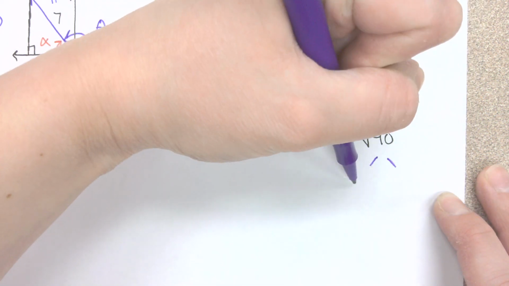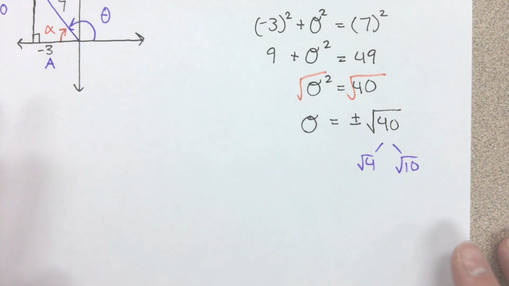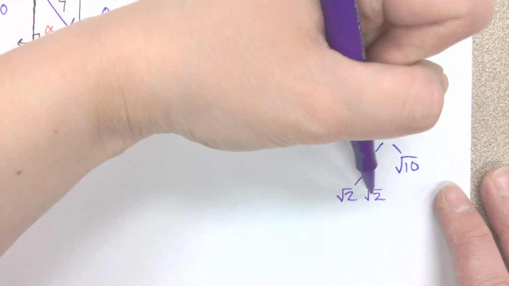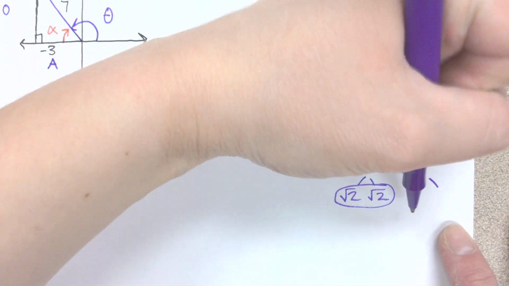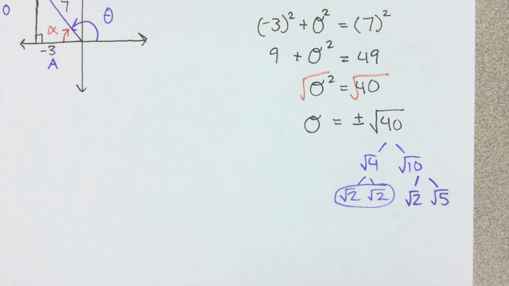So I'm going to break this down into square root 4 and square root 10. And then I'll break the 4 down into 2 and 2 to make the pair. 10 we can break down into 2 and 5, but that doesn't get me anywhere because I can't make another pair.